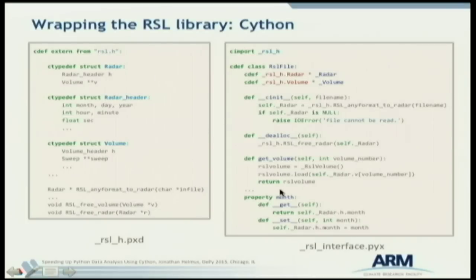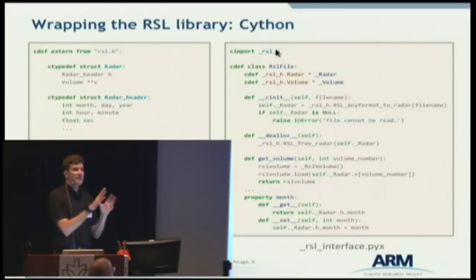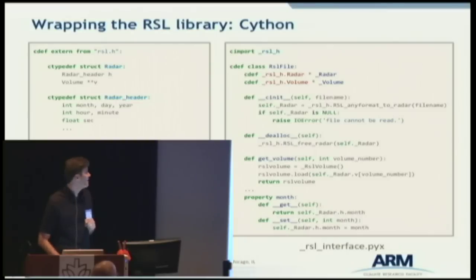Then the other thing is we actually have to make the interface. So we want to be able to call these C functions from inside Python. So we make an interface file. So this is going to look a lot like Python, but not completely. So for this, the first thing we want to do is cimport rsl.h. So we're using cimport because that way Cython's going to understand it. So this makes all these structures and functions that we've defined in this rsl_h file available in Python, or at least in Cython.